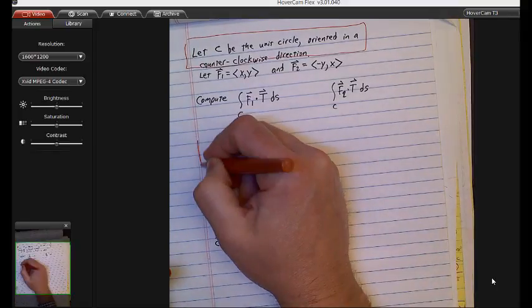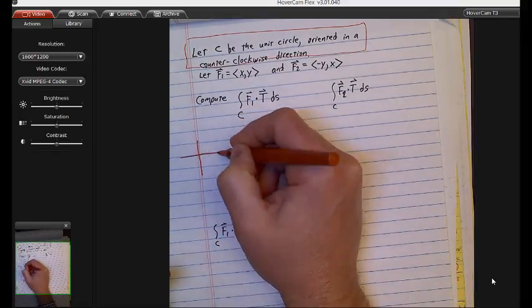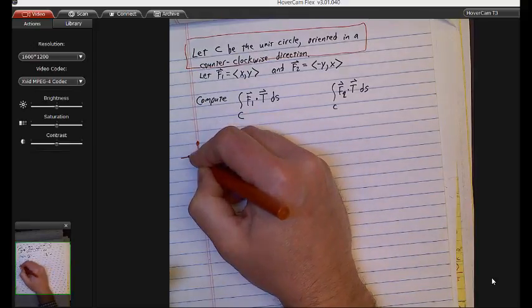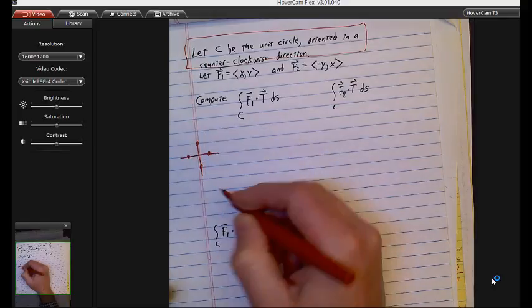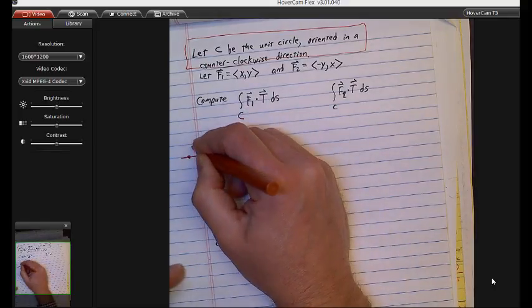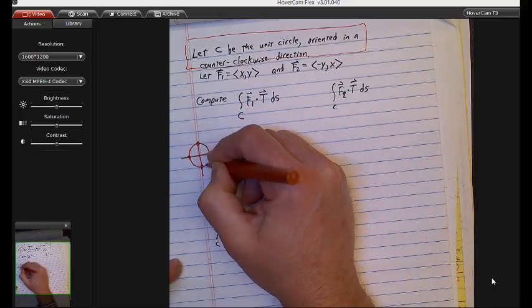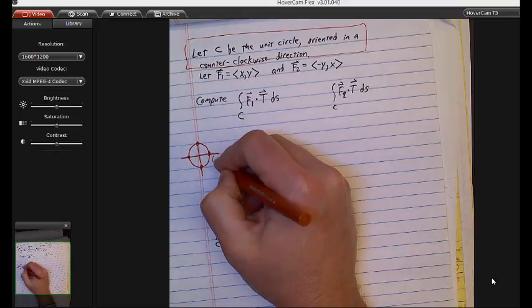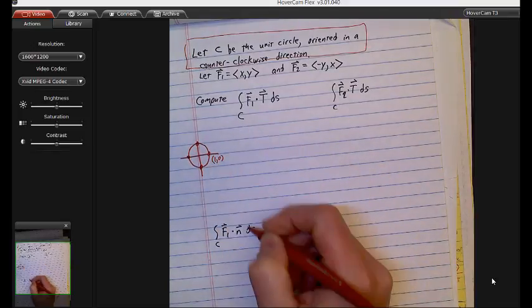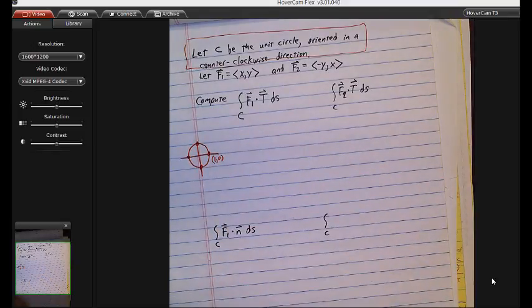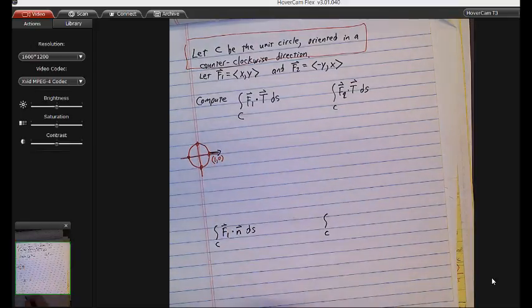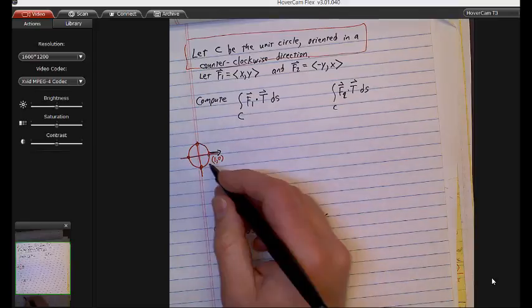And you guys, I saw you sketching the vector field for F1, and I saw some really cool things. But when I'm talking about the unit circle, I guess I'm picturing rotating around like this, right? And so at any particular point on the unit circle, so here's the point 1, 0, for instance, I can picture F1 vector as also going 1, 0.